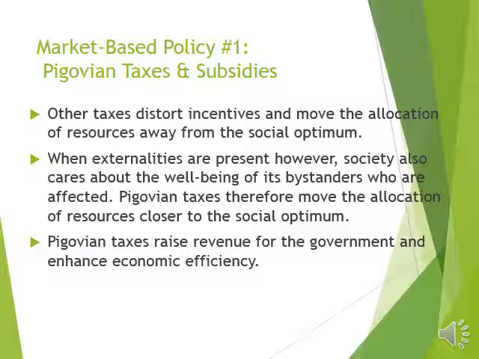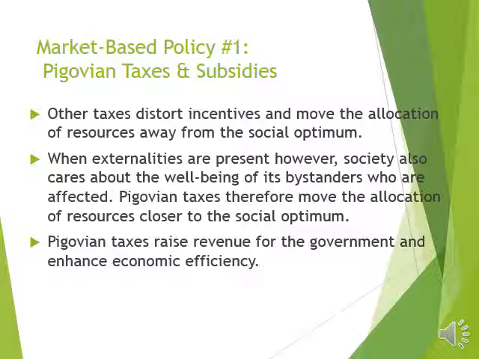Now, other taxes have a way of distorting incentives and moving allocations away from the socially optimum solution. So remember, we want a tax that will be in line with the external cost, because this will bring the supply line in line with the marginal social cost line.